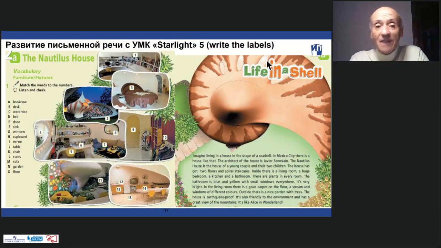Let's take a look, and we'll use the examples from the course book Starlight, which is published in Russia together with the British publishing house called Express Publishing, headed by Virginia Evans, late now, and Jenny Dooley, together with some Russian authors, myself included.